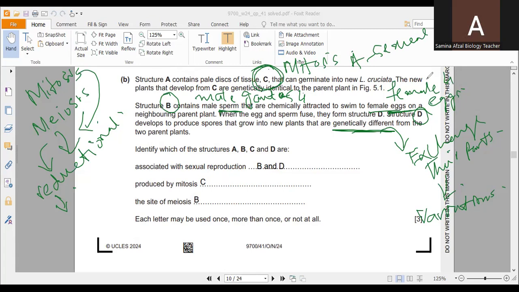So that is C, and then sexual reproduction is in B, because these are the gametes. So B and D are both associated with sexual reproduction, and the one produced by mitosis or asexual reproduction is C. The site of meiosis, as already told, is B, where the gametes are; the meiosis takes place over there. Each letter may be used once, more than once, or not at all. So that was all of this question.